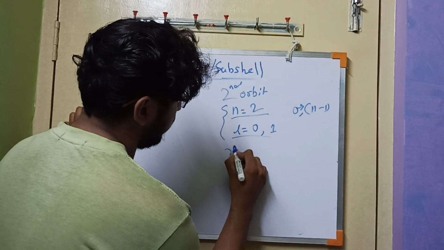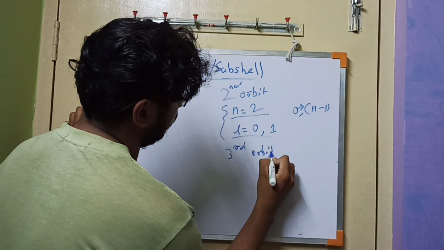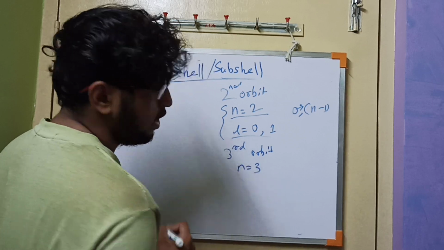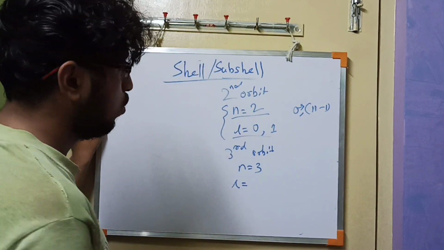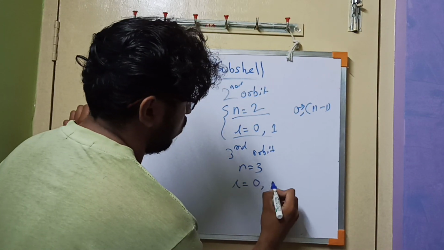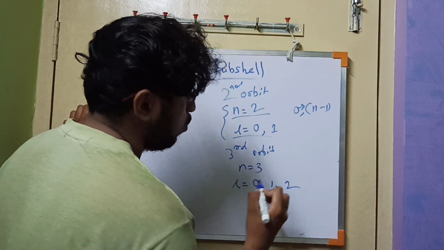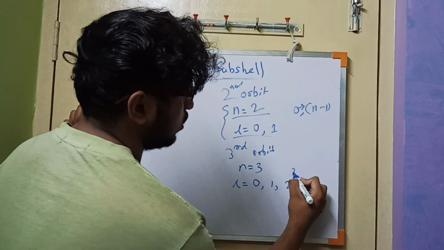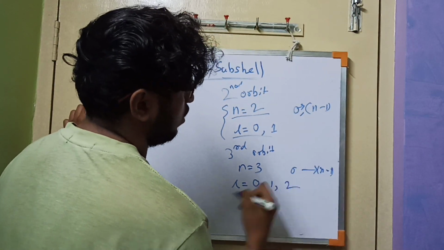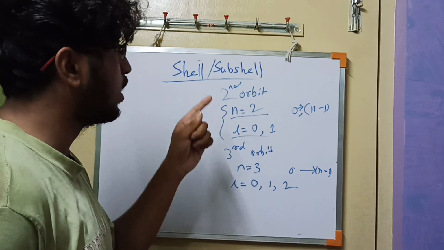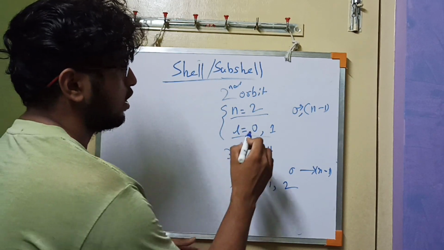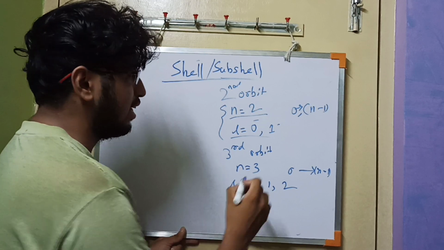For third orbit, n equal to 3, and as we say, L has value 0, 1, 2. That means from 0 to n minus 1. This is the span. So from this we can guess that second orbit has two types of subshell only.